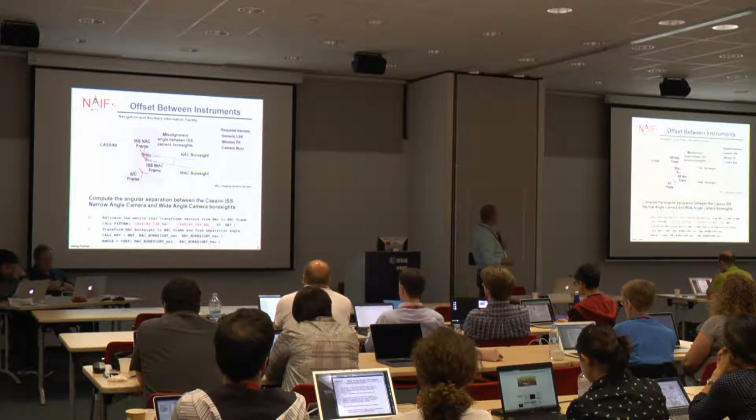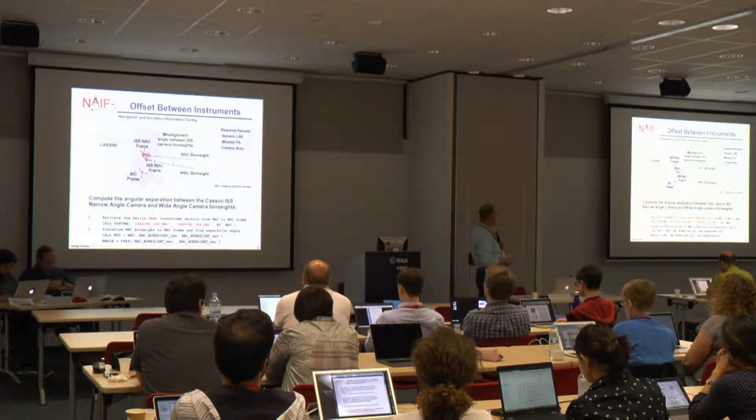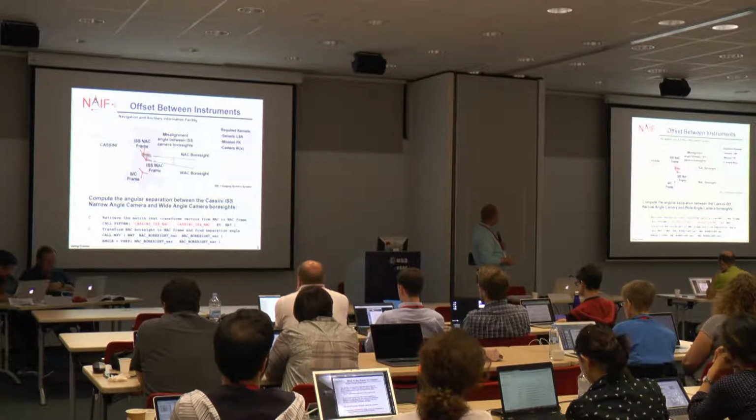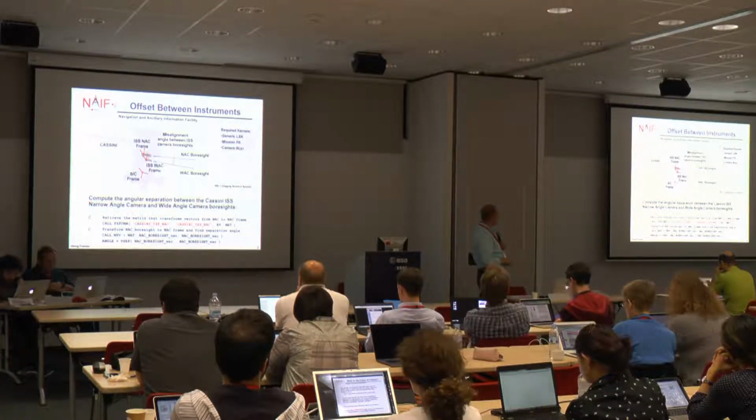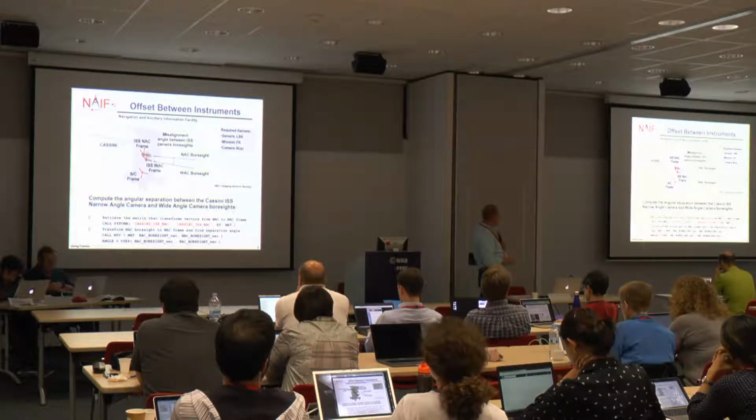Then, by retrieving boresight directions for each of these cameras in their corresponding frames, in this case, NAC boresight in the NAC frame and WAC boresight in the WAC frame, you can rotate one of these boresights, in this case the NAC boresight, from the NAC camera frame to the WAC camera frame using this matrix, and then you simply compute the angular separation between these two boresights to determine this angle.